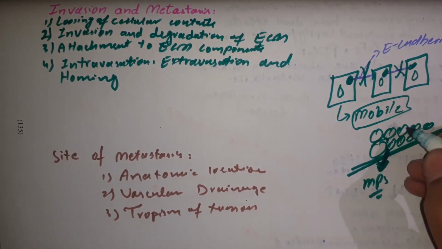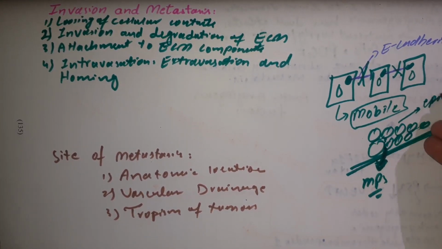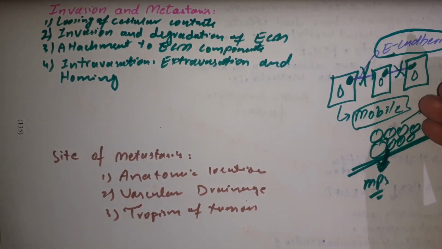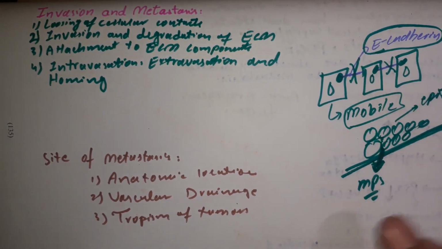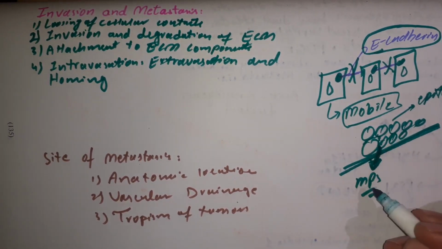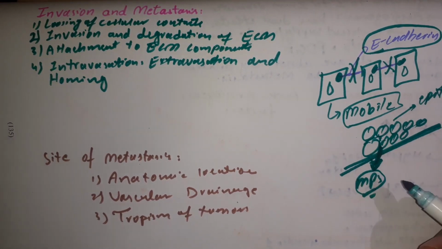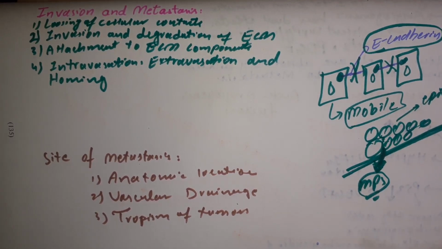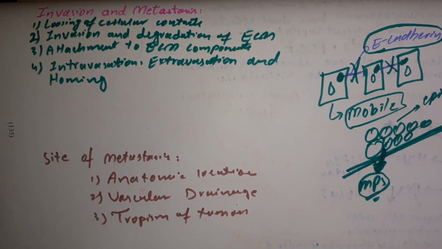Supposedly these tumor cells arise from epithelium. So these epithelial cells first lose their cellular contacts and then start invading the basement membrane of the epithelium with their enzymes, including metalloproteinases, collagenases and proteases. These enzymes can be secreted by the tumor cell, as well as by the extracellular matrix, through complex interaction between the tumor cell and extracellular matrix proteins.